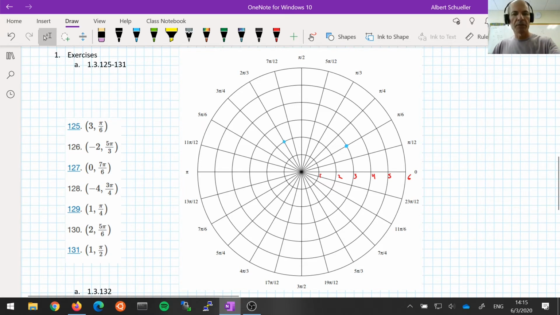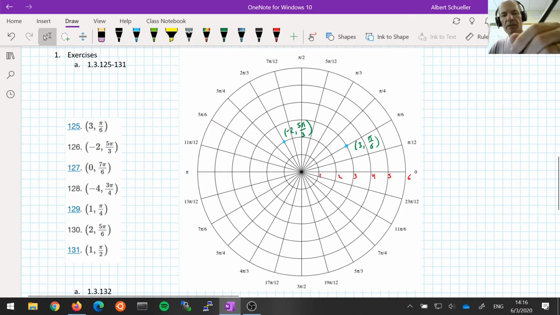All right, so let me just relabel here: this is (3, pi over 6), and this is (negative 2, 5 pi over 3). So when you have negative r's, that's a signal that you don't go out along the positive ray, but you go back through the origin in the negative direction.